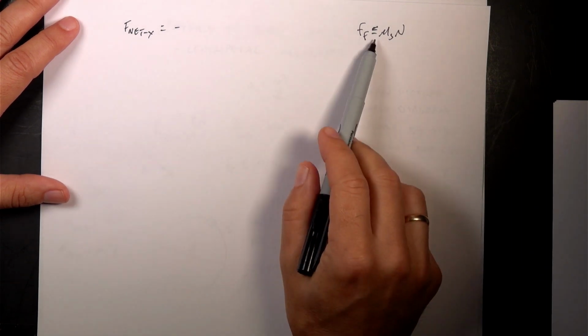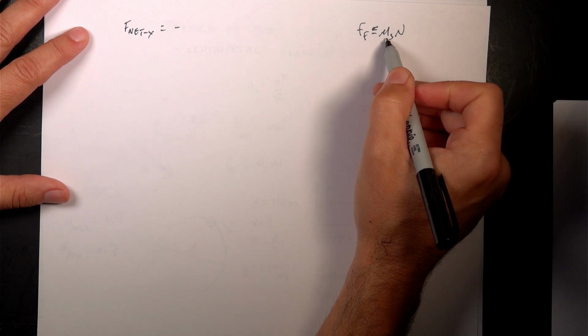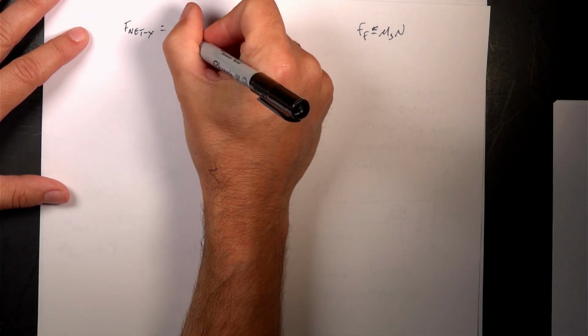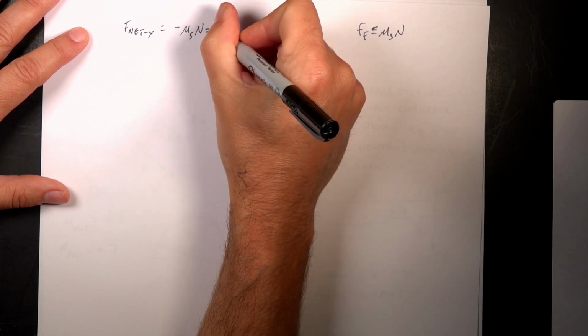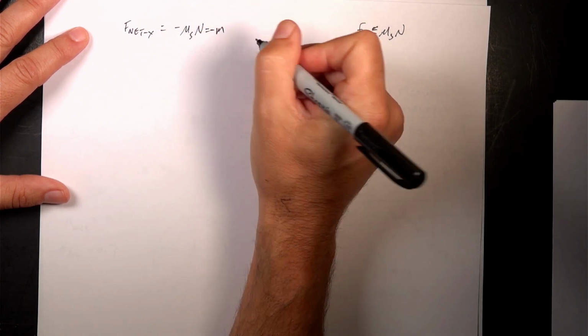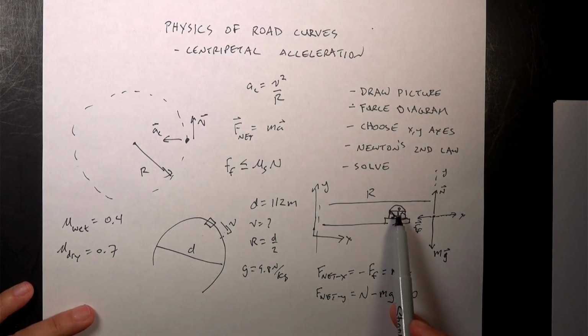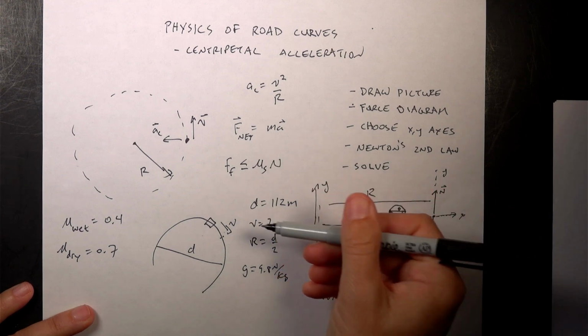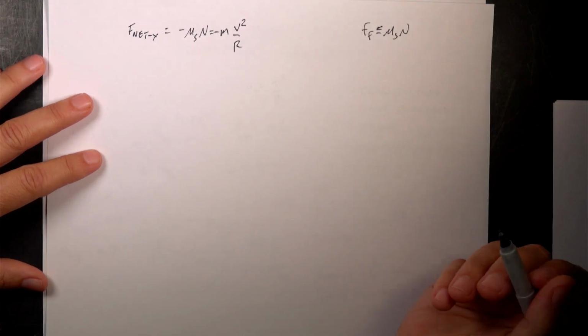So I'm actually going to use the equal to part, not less than or equal to. So the friction force is just going to be mu s times n. So it's negative mu s times n, and that's going to equal mass times acceleration, negative v squared over r. It's negative because the acceleration is towards the center of the circle, which is this way, right? So that's why it's in the negative direction. But both of those are negative, so that's cool.